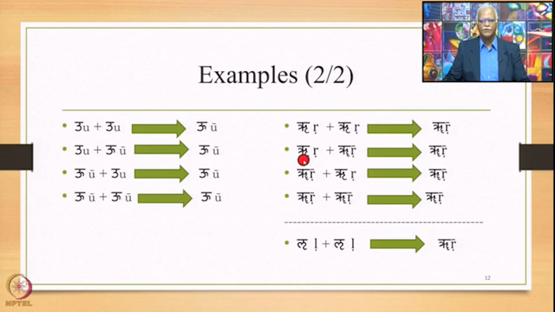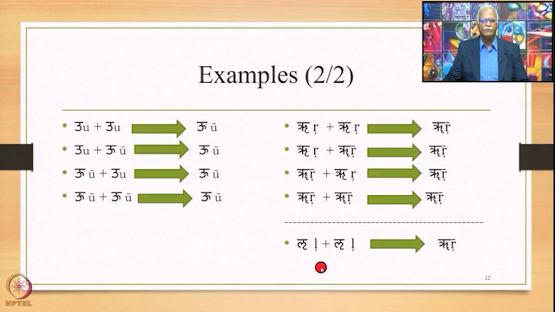Similar is the case with ru, where you have ru followed by ru, ru followed by long ru, long ru followed by short ru, and long ru followed by long ru, and the output generated is the long ru.